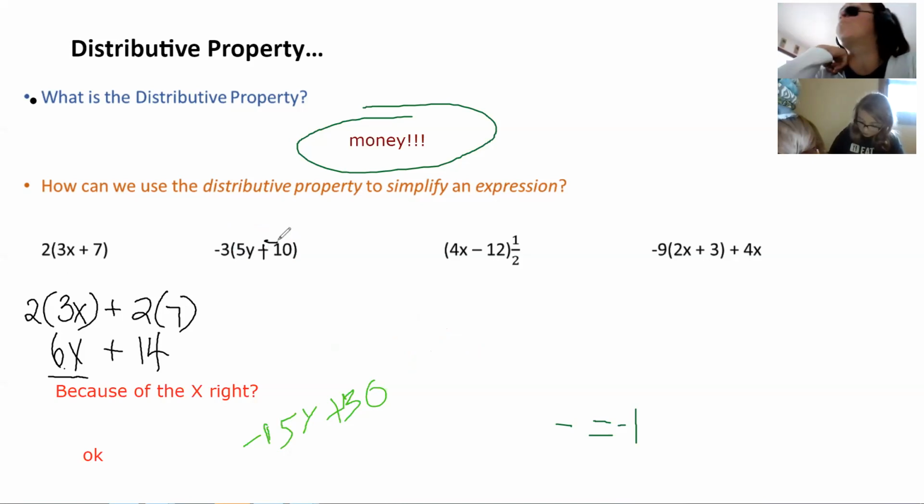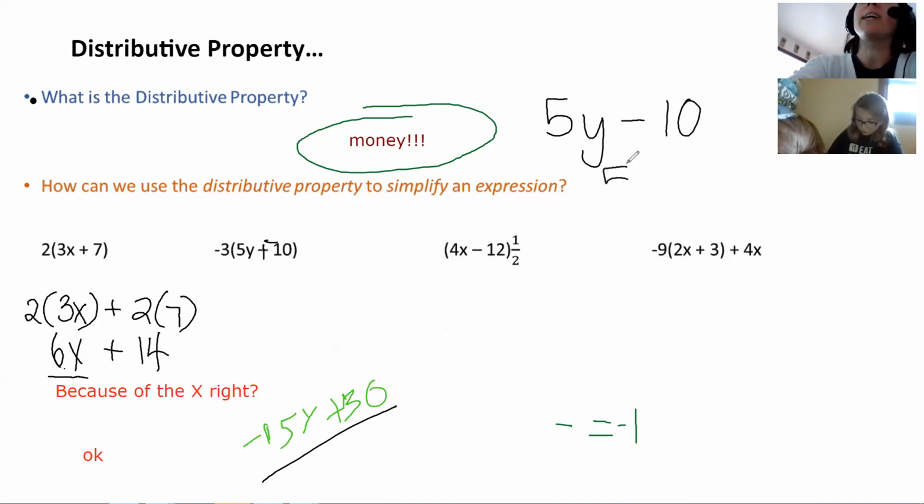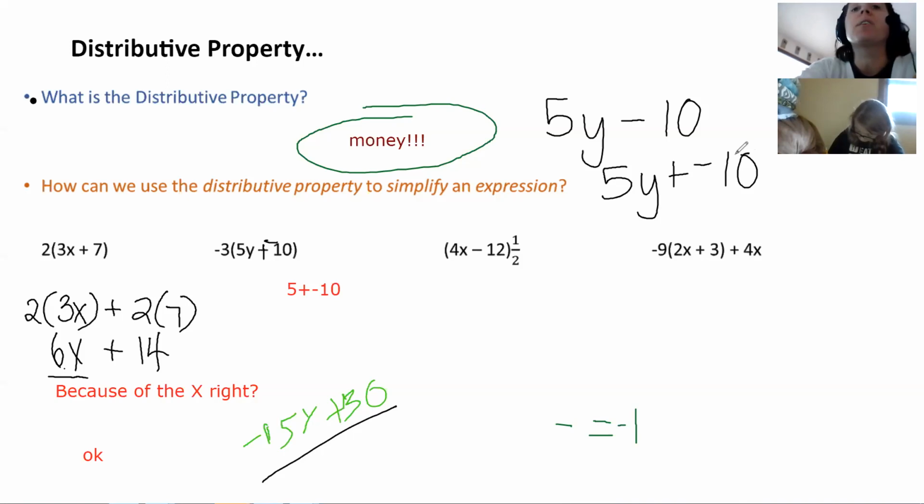And some of you don't need to do that in order to actually do the math, because you guys are doing it very effectively down there. But every time you have a subtraction problem, just remember that that is the same as adding a negative. Exactly the same thing. And sometimes it helps you really see what's negative. Yep, it would be 5y plus -10. Good. So now we can do the distribution.